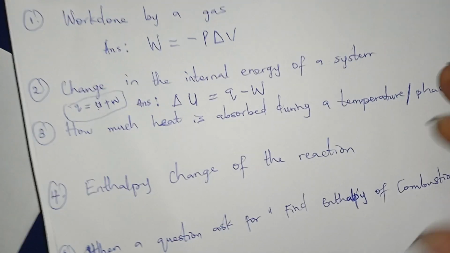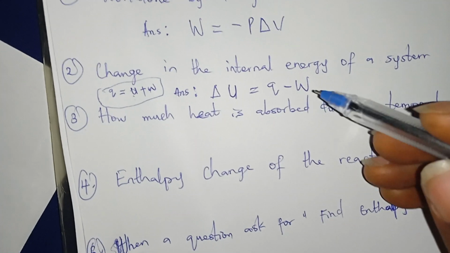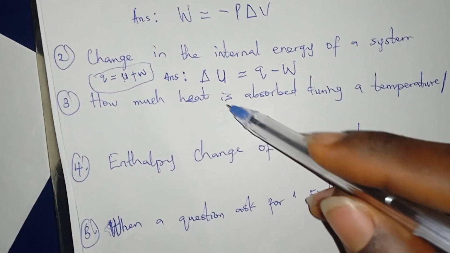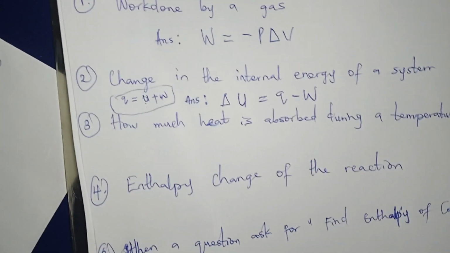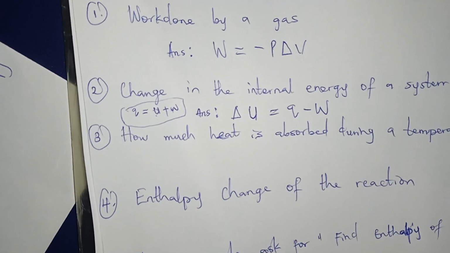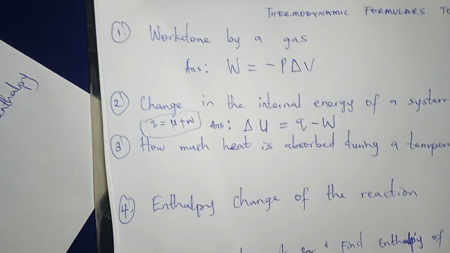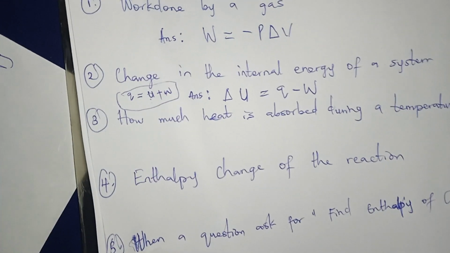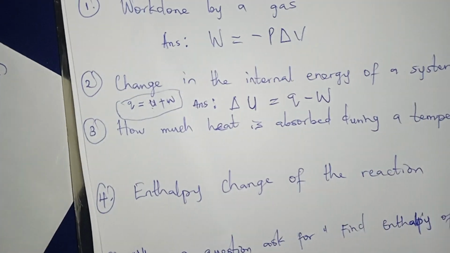Now, how much heat is absorbed during a temperature or phase change? In this kind of question, they normally give things like mass of an object and a temperature change, for example 20 degrees C to 22 degrees C, or 22 degrees C to 20, whichever one they are talking about.